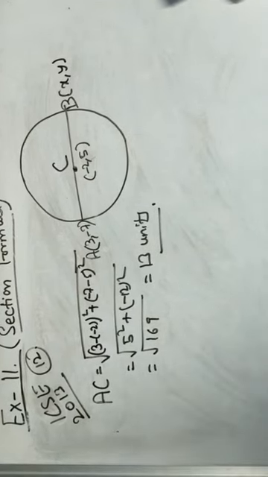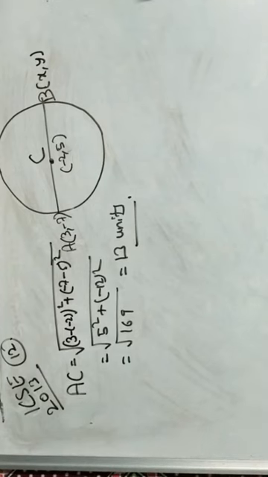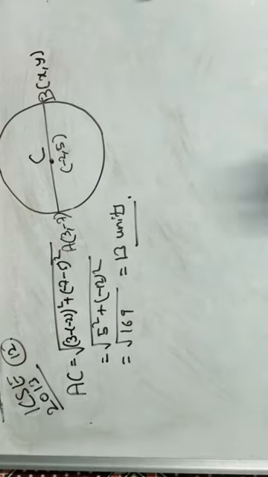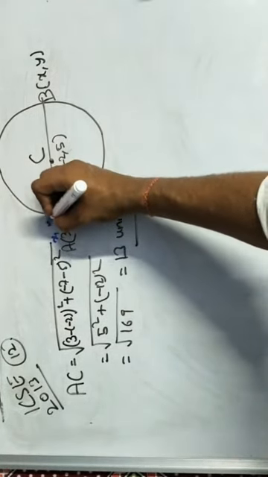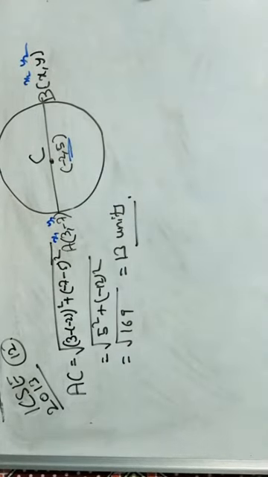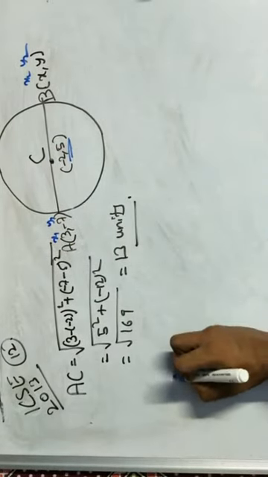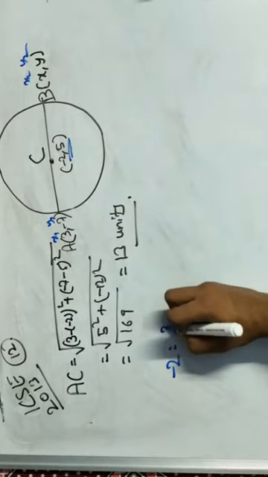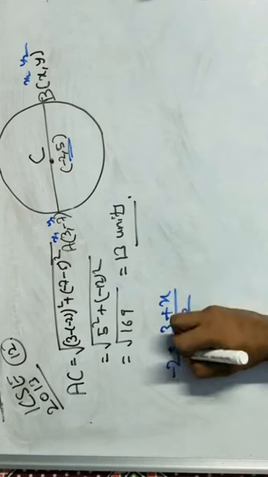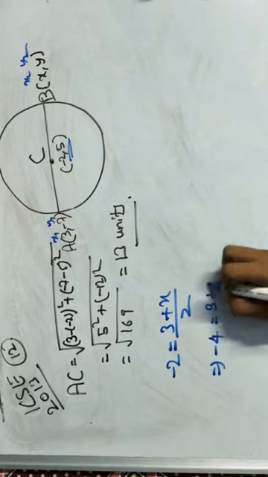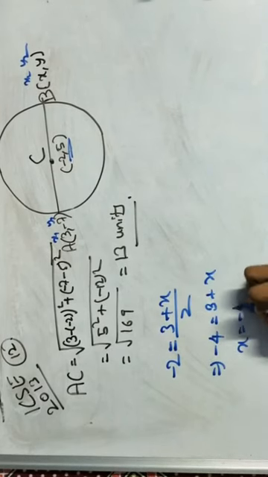Now we will find the coordinates of the point B. If you take this point as x1, this is y1, this is x2, this is y2, then you are given the coordinates of the center, that is the midpoint. Then minus 2 should be equal to x1 plus x2 by 2, that is 3 plus x by 2. So from here, minus 4 equals 3 plus x, and x equals minus 4 minus 3.